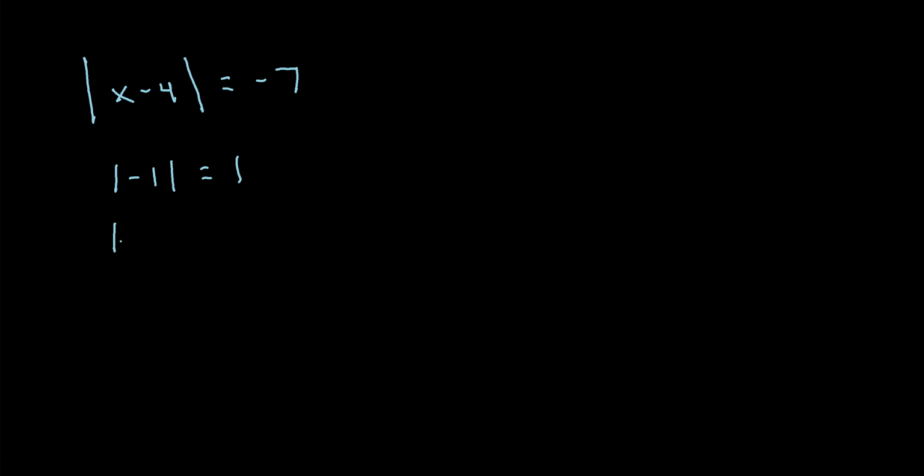Or let's say we had the absolute value of -100. Well, that would be +100. So the only values that the absolute value sign could produce are 0 or greater. So this absolute value could never be equal to -7. So in this case, we would say no solutions.